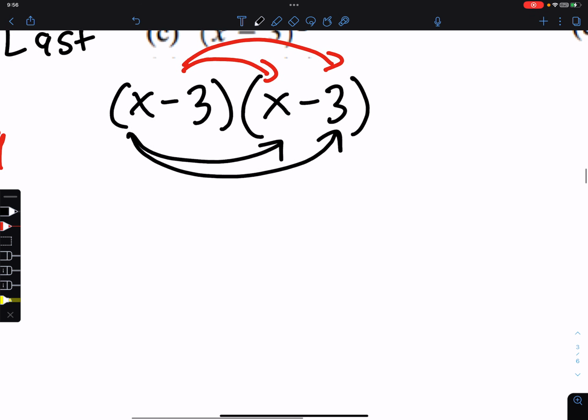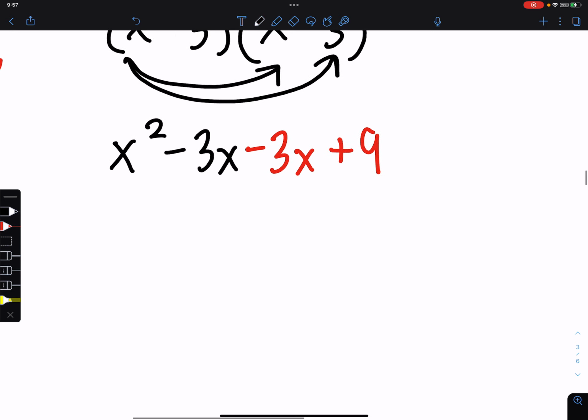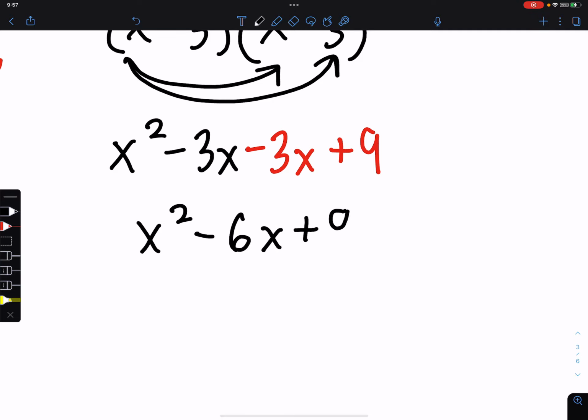Okay, so x times x is still x squared. X times negative 3 is negative 3x. Negative 3 times x is negative 3x. And then negative 3 times negative 3 is plus 9. Okay? Then our final answer is x squared minus 6x plus 9.